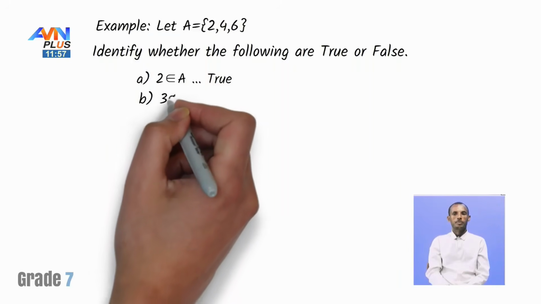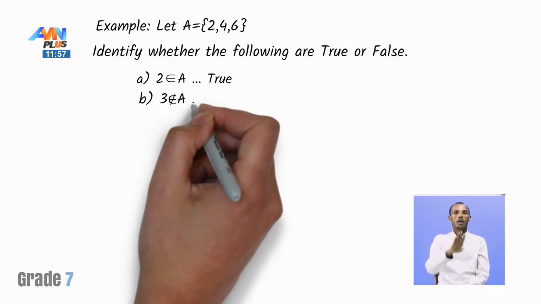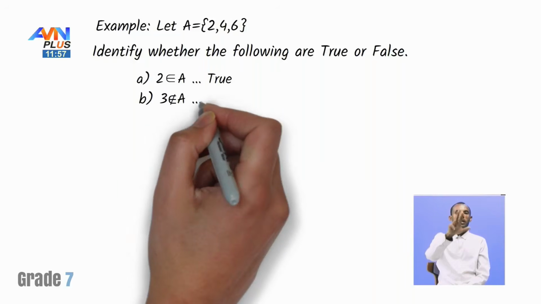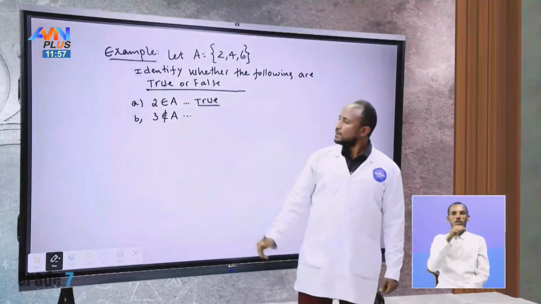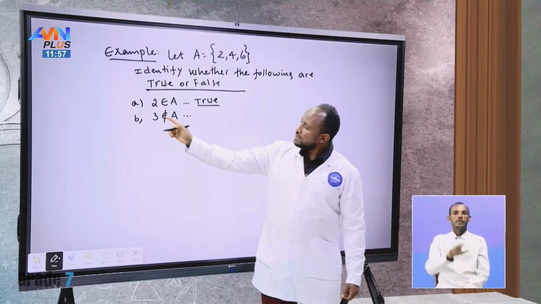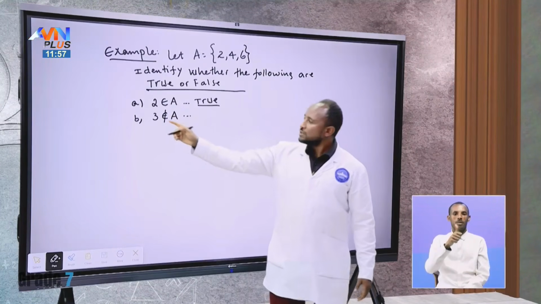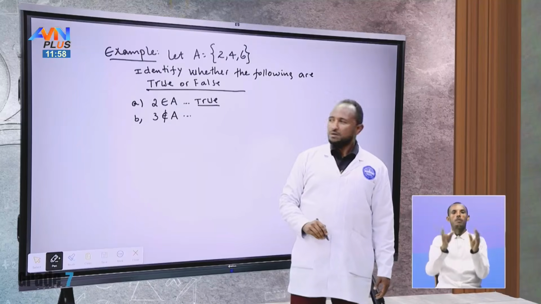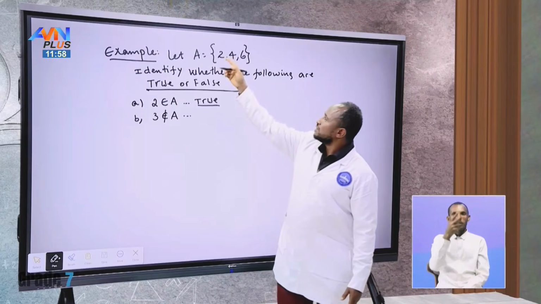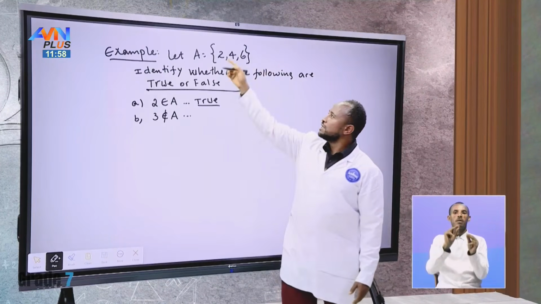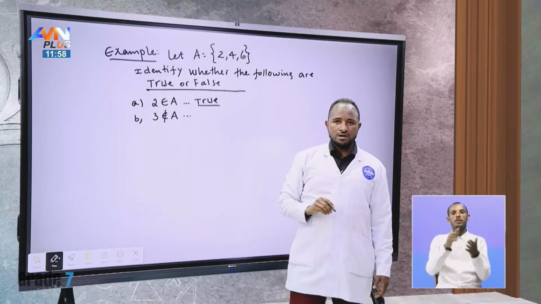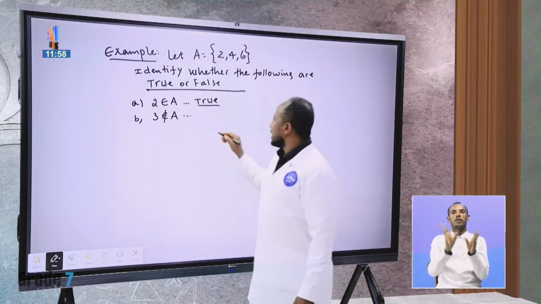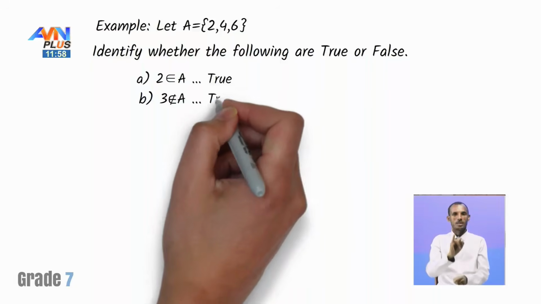Okay, again, let's see this one. Here it says 3, this symbol is not. So 3 is not a member of set A. So let's search for 3 here. It's not there. Therefore, 3 is not a member of set A. Therefore, the answer is true.